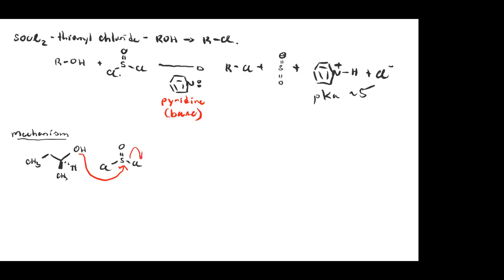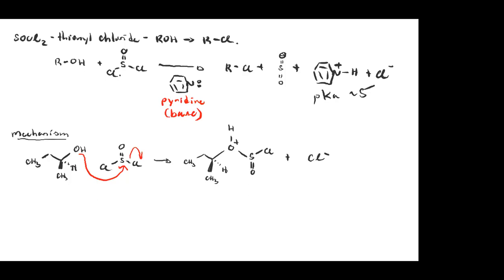That is going to break, and so Cl minus is going to leave. Okay, and the immediate product then is going to look like this. Okay, so I've got my alcohol having attacked the SOCl2, and then chloride ion dissociated.